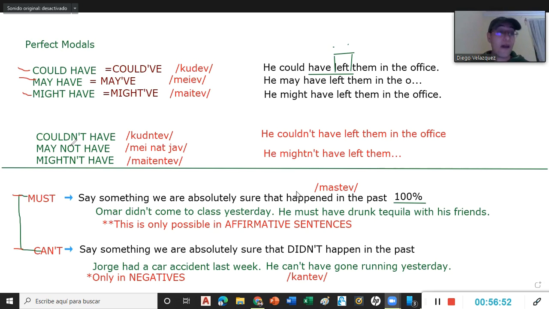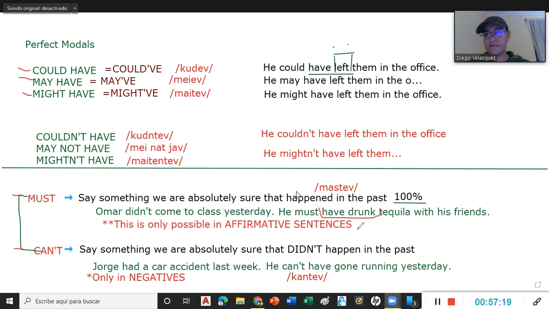Ahorita ya olvídense de esto. Cuando ahora lo usamos con presente perfecto, chicos, recuerden que ya nada tiene que ver con obligación, con habilidad, nada. Todos estos son para especulación, posibilidad o certeza. Could, may and might para posibilidad en el pasado, must and can't, certeza en el pasado, ¿ok? Pero al final de cuentas todo es especulación.